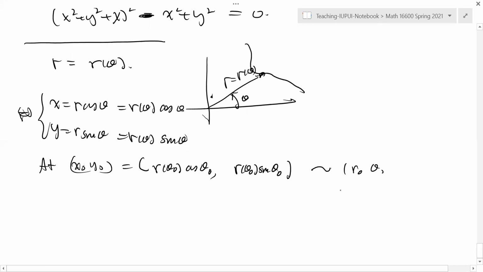This is in polar coordinates, and here is in Cartesian coordinates.